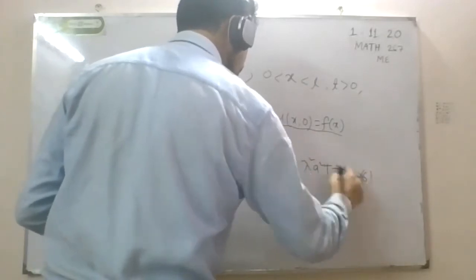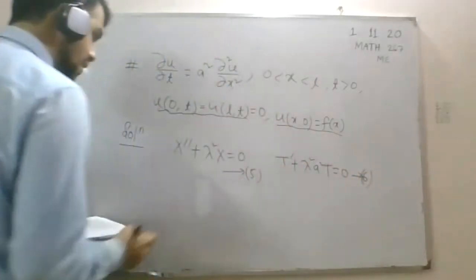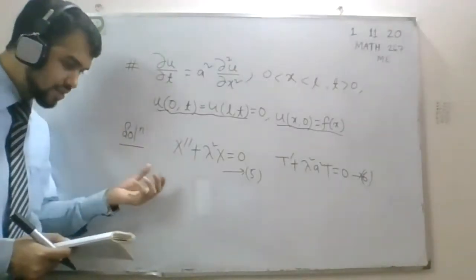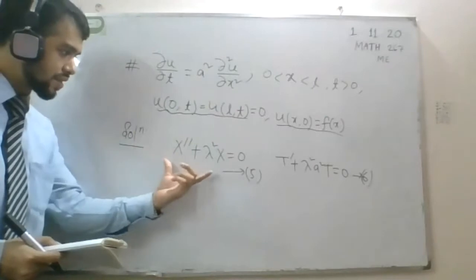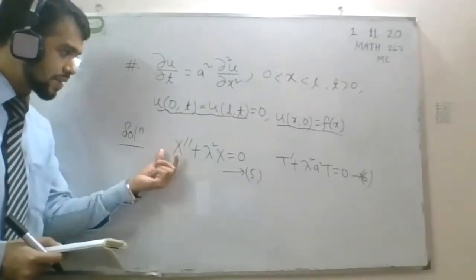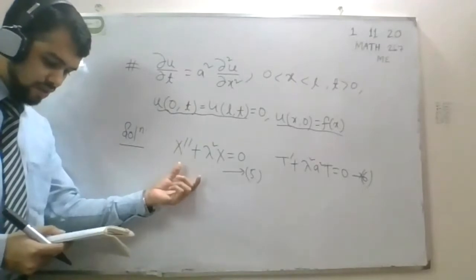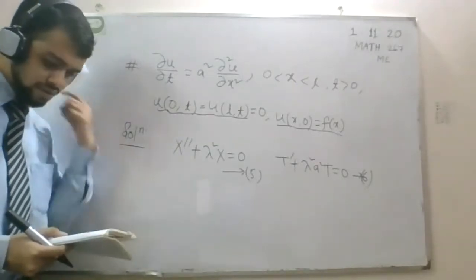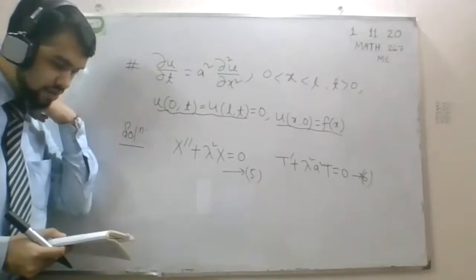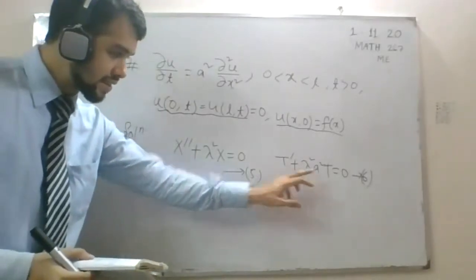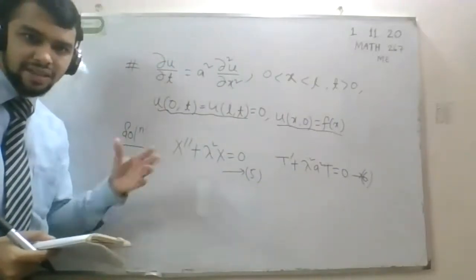So from there, this is the rest of the parts in our previous class. So here we just find that X double prime by X equals T prime by T over a square, so equals minus lambda square.